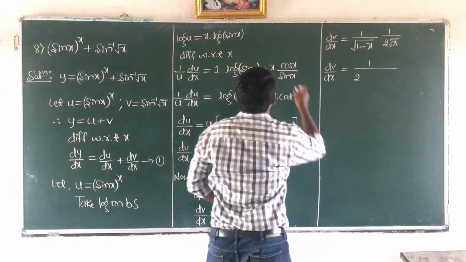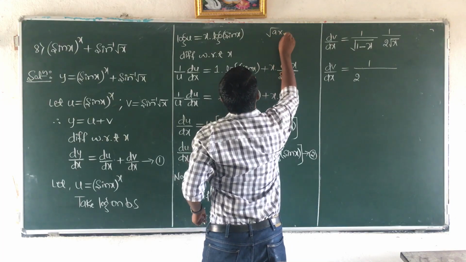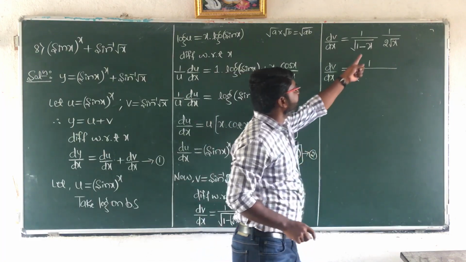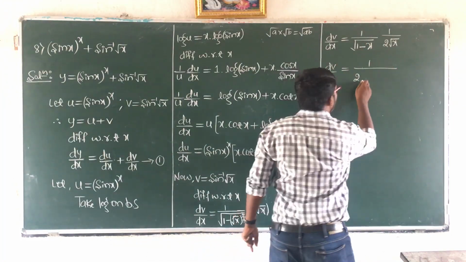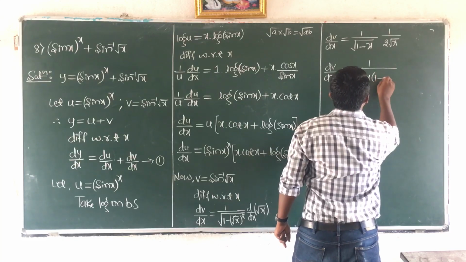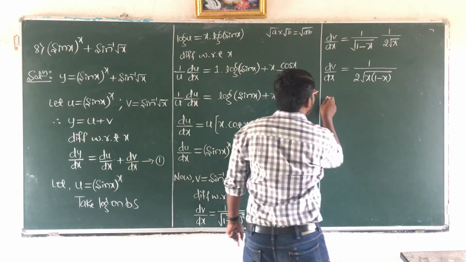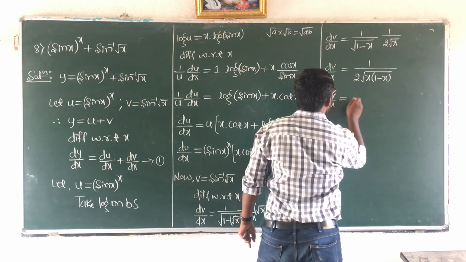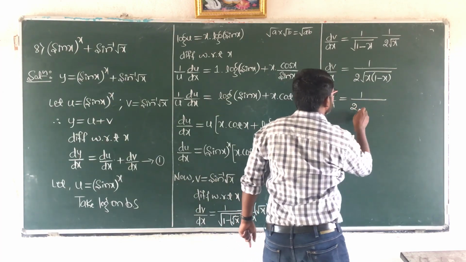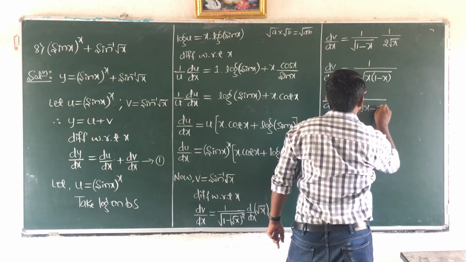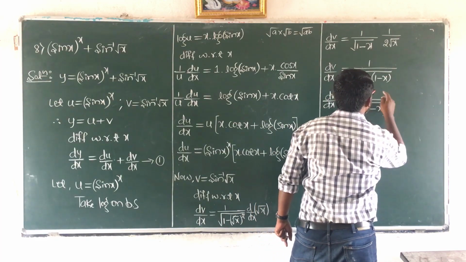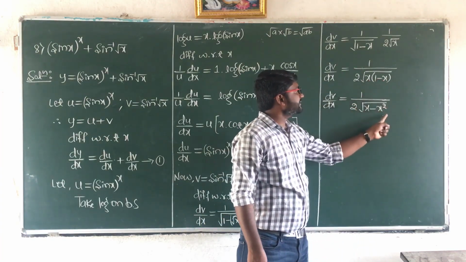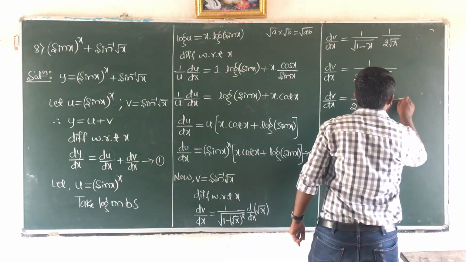What is root a into root b? This is equal to root ab. So we can write these two in the form of root ab, under root x into 1 minus x. So now dv by dx is equal to 1 divided by 2 times under root x minus x square. Multiplying x inside the bracket, x into 1 is x, minus x into x is x square. So I call this equation number 3.